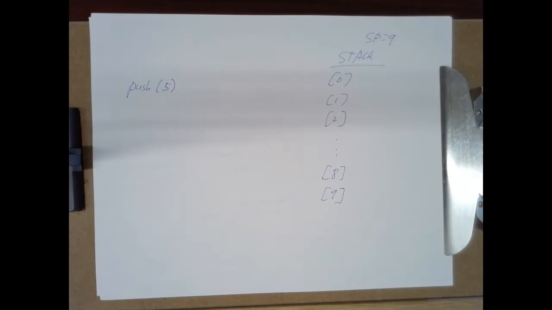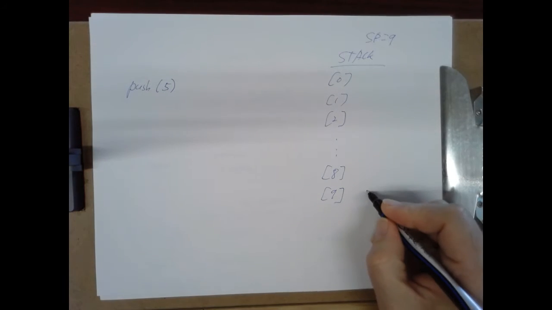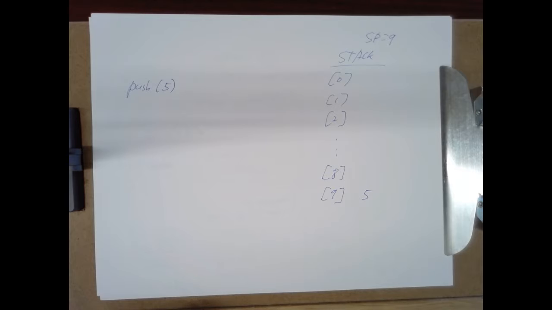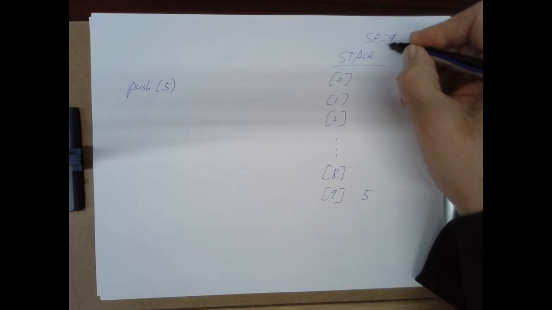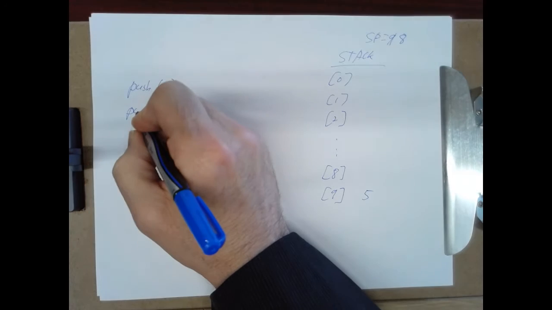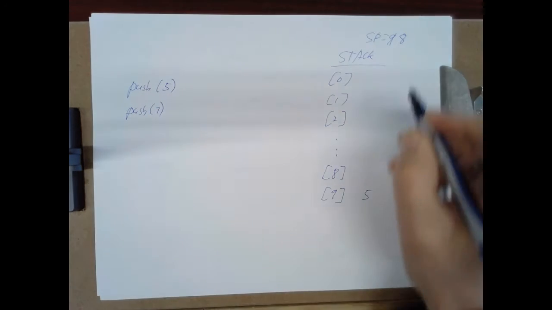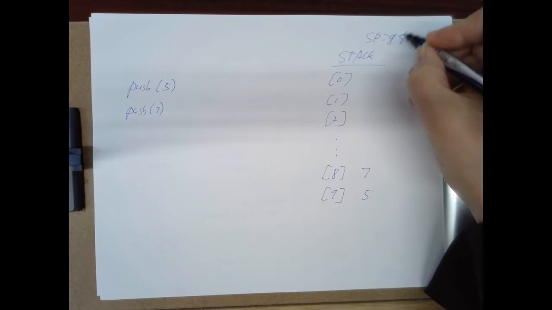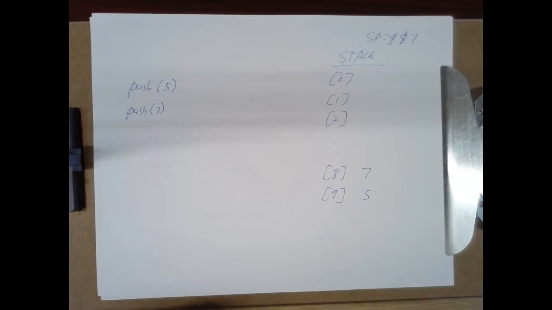Well, here's another way that I can use a stack. If I want to push a 5, I can store it in this last element of my stack and then decrement the stack pointer. So when I push a 7, I use the stack pointer, store it at that location, decrement the stack pointer again.